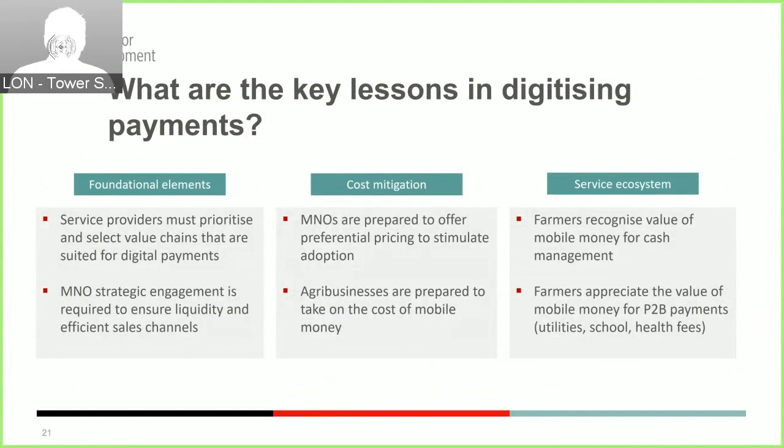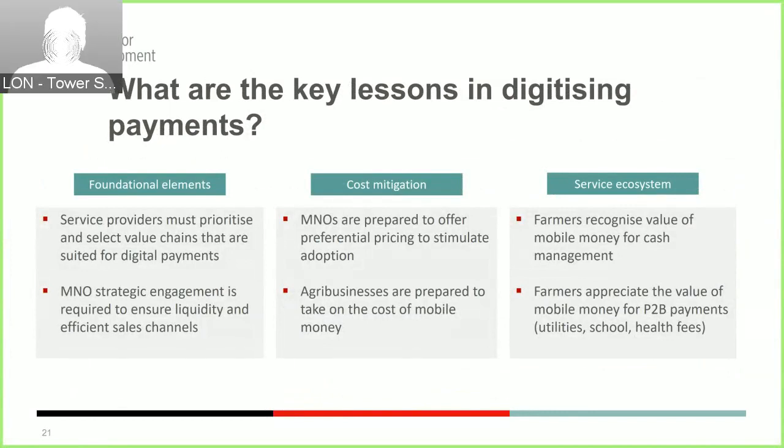This is one of the key factors for adoption, and we're seeing the need for cost mitigation strategies. MNOs are prepared to offer preferential pricing to stimulate adoption, as shown in the case studies presented earlier. And agribusinesses have been prepared to take on the cost of mobile money for farmers, provided that digital payments offer them enough value in terms of reduced cost and increased efficiency.